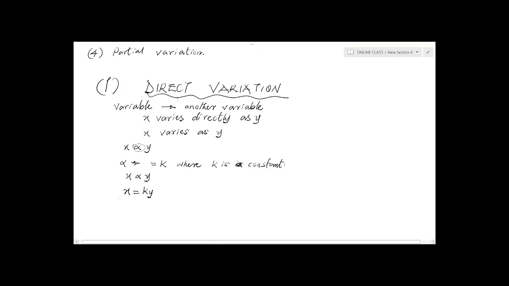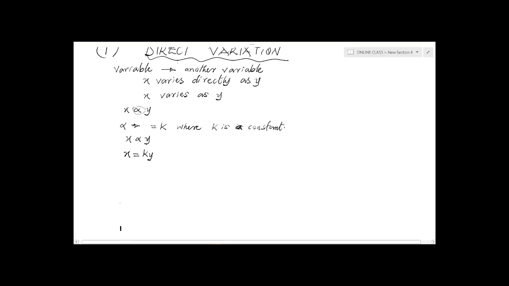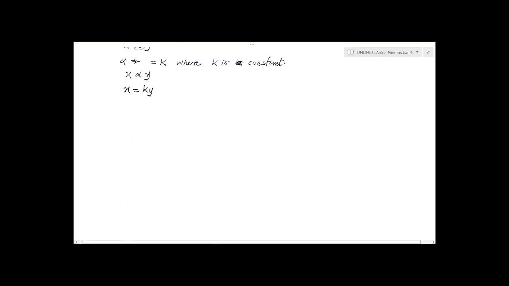So what is now the rule? The first rule you have to get here is, when you write your formula like this, first, get the value of k.